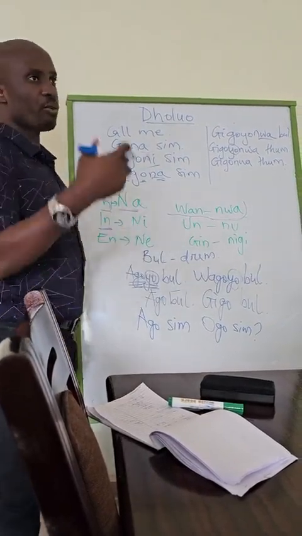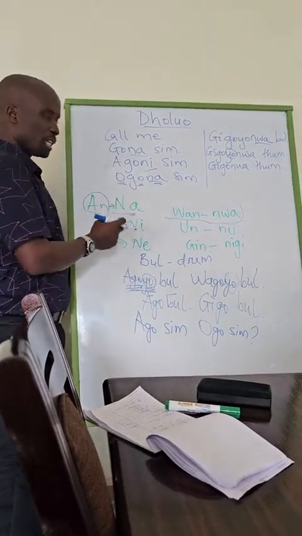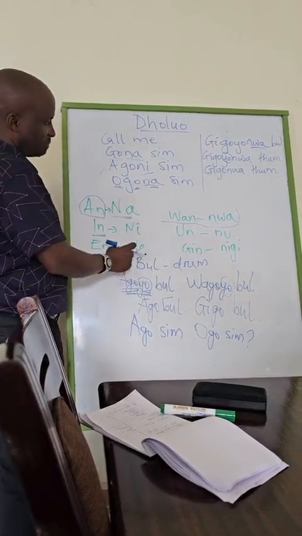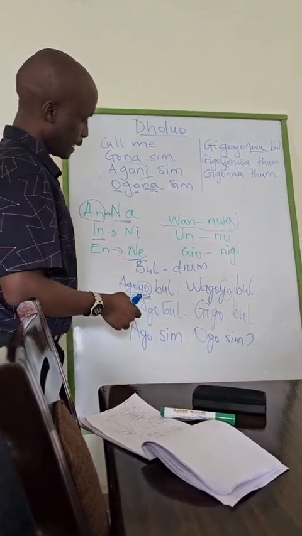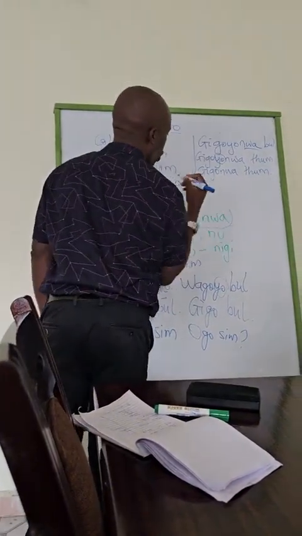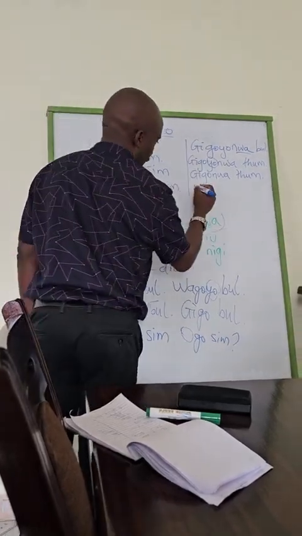If it's being done for me, it is na. For you, it is ni. For him or her, it is ne. So we can also say, let's use ne.